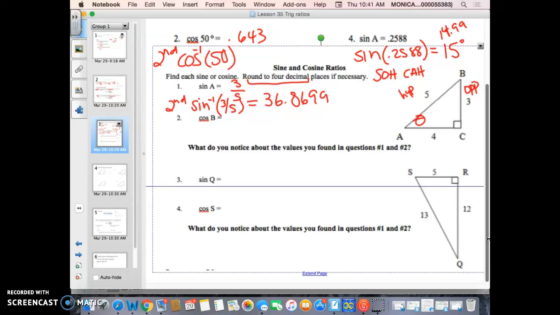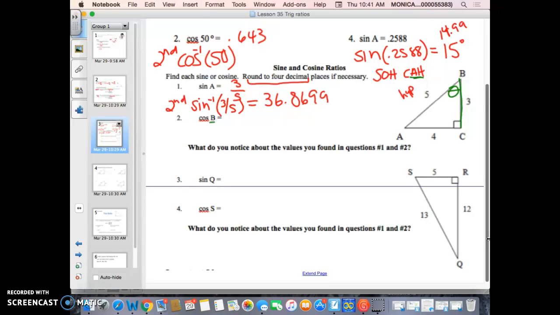I'm going to use the same picture, but this time I'm looking for the cosine of B. So now I'm looking from this part right here. Cosine is adjacent over hypotenuse, so this is my adjacent side, and my hypotenuse still is 5. So it's the same ratio.